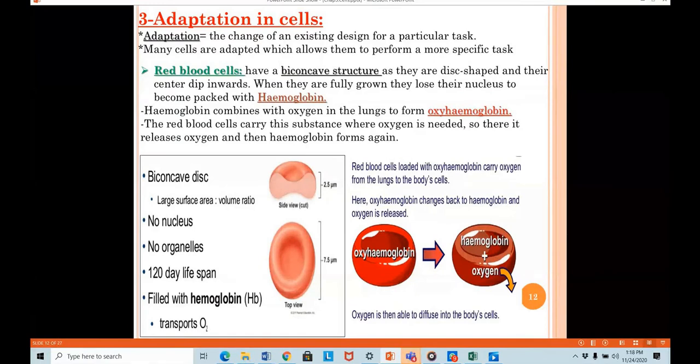They have no nucleus. And they are then packed with hemoglobin. Yes. And then after the cell is packed with the hemoglobin, its color will change and it will become oxyhemoglobin. Yeah, very good. Oxyhemoglobin. So what is the main function of RBC? What do they do?